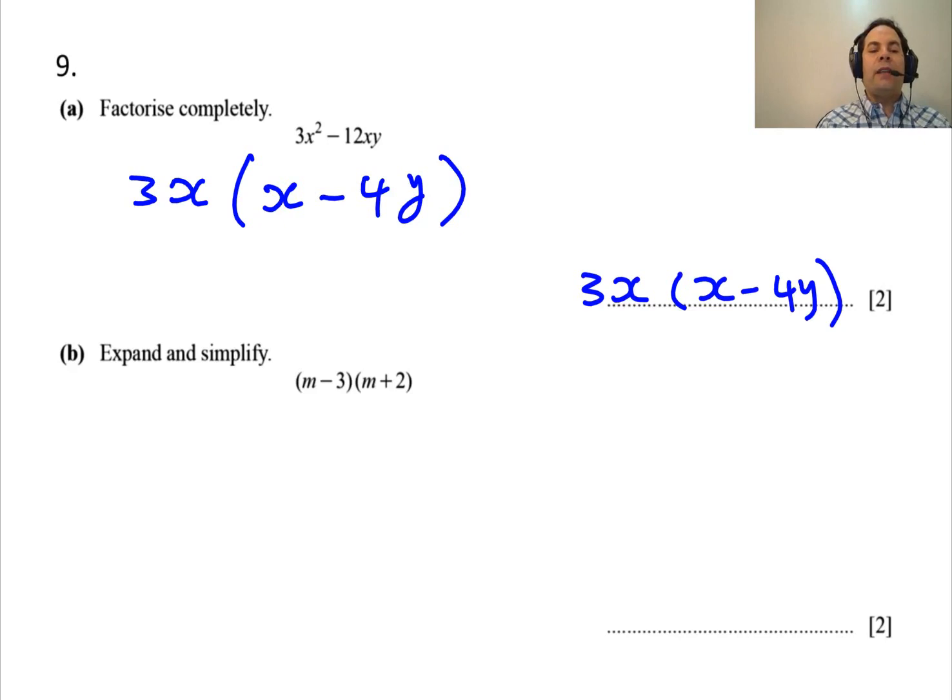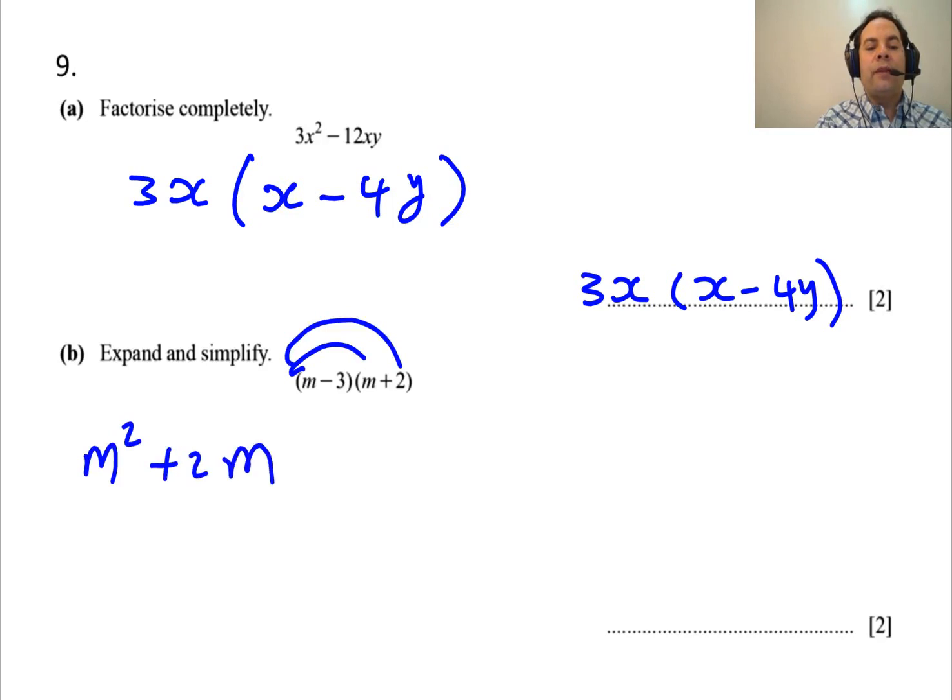Part B, expand and simplify. We have an expression of 2 terms, another expression of 2 terms. You can multiply each. m times m is m squared, and m times 2 is 2m. -3 times m is -3m. -3 times 2 is -6.